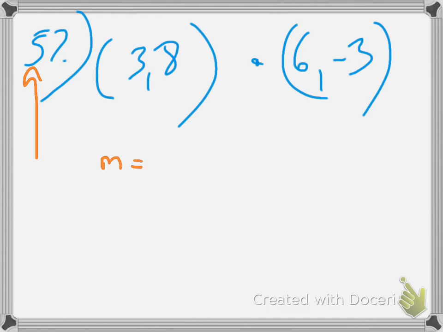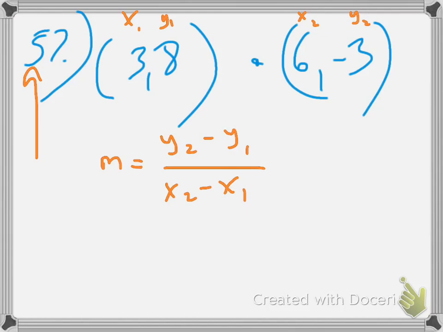M is equal to subtract the y's, which they write this way, over subtract the x's. Now what does that mean? It means the second y take away the first y. So if this is the first point, you put those little subscripts. Here's the second point. Those little subscripts aren't powers, they just mean the second one.